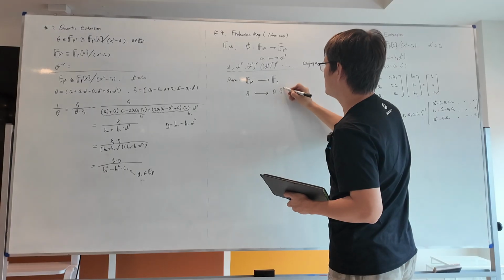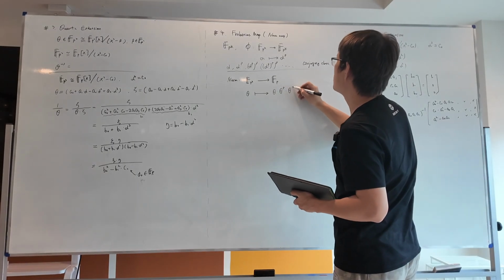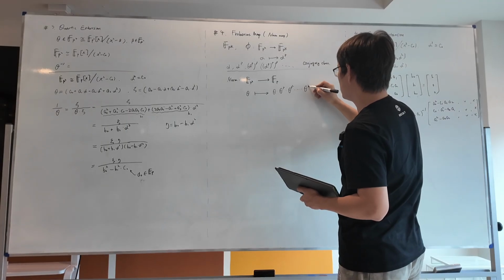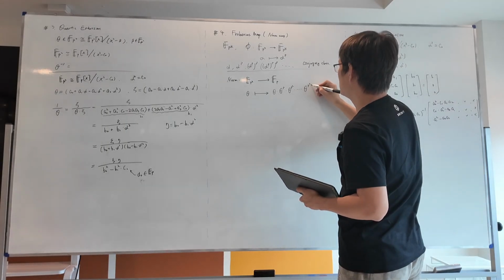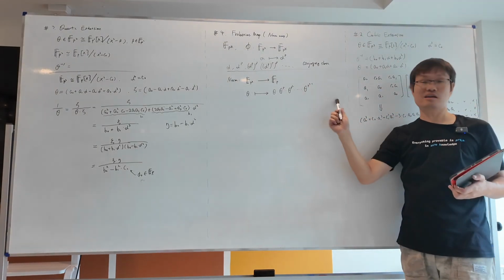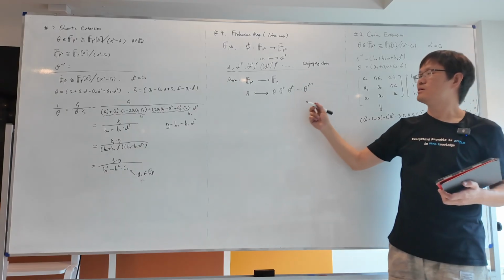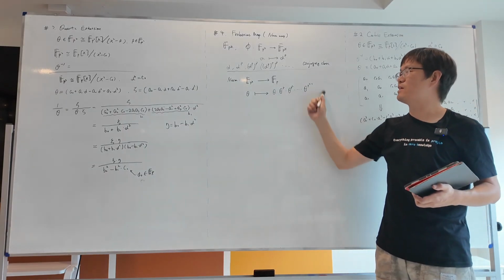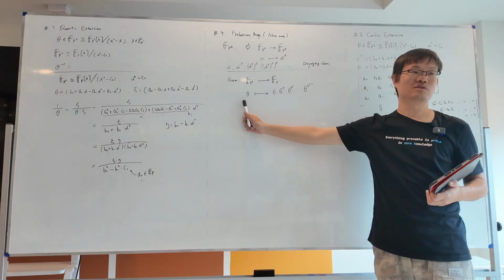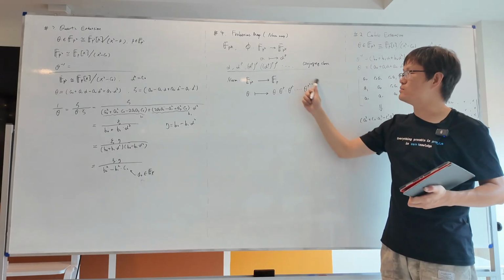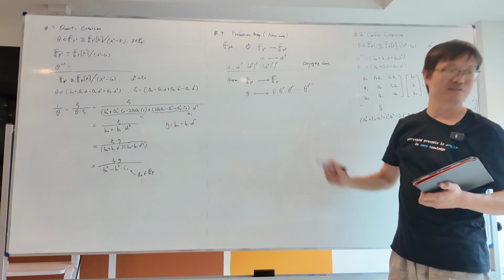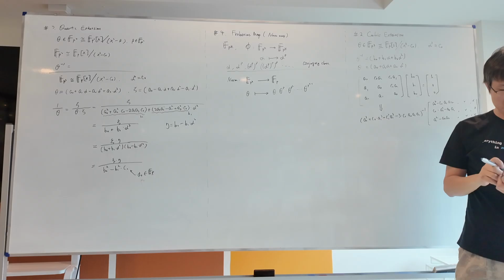Theta times theta^p times theta^(p^2) up to theta^(p^(k-1)). Multiply them together, then the value is the norm of theta, and this element is in FP.